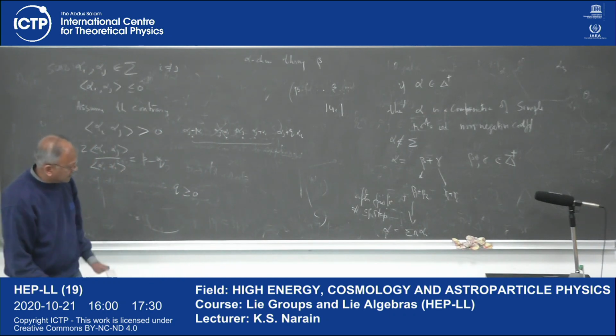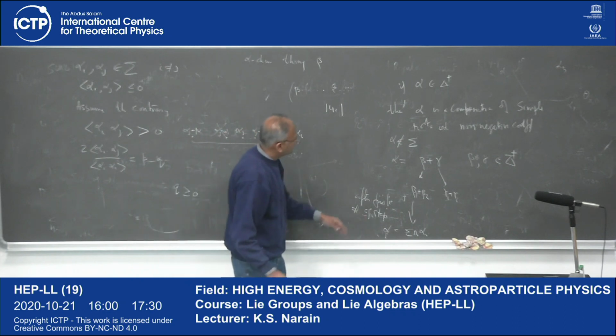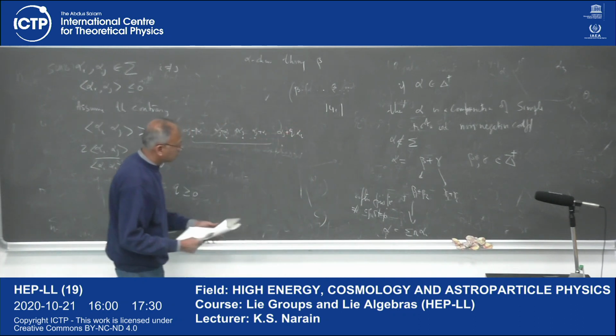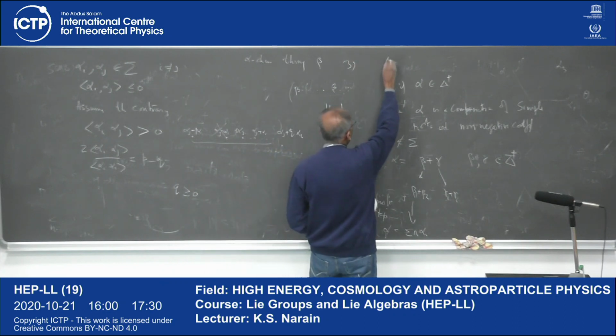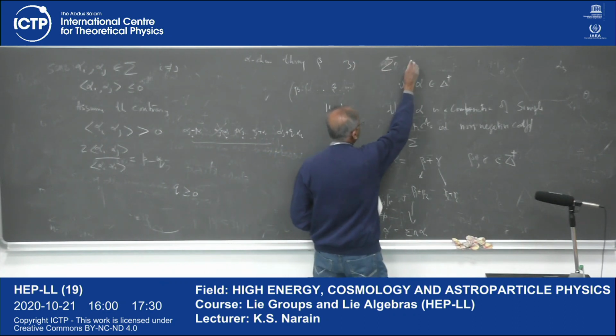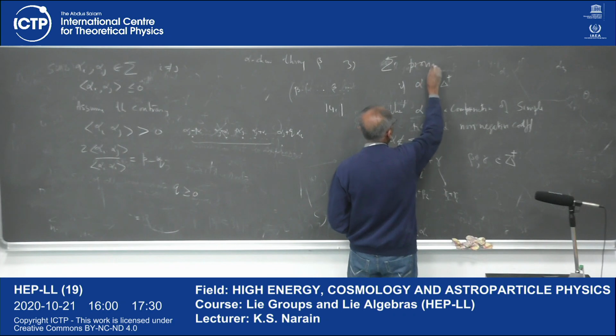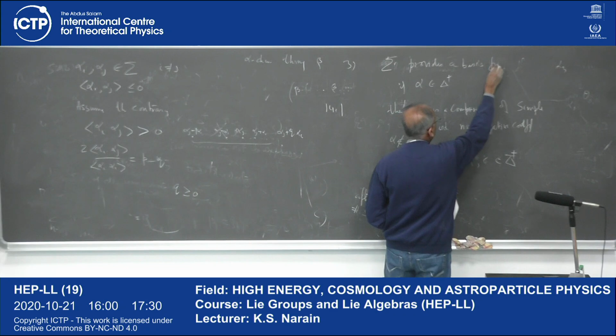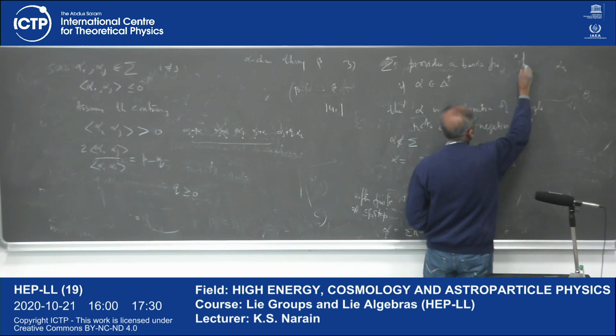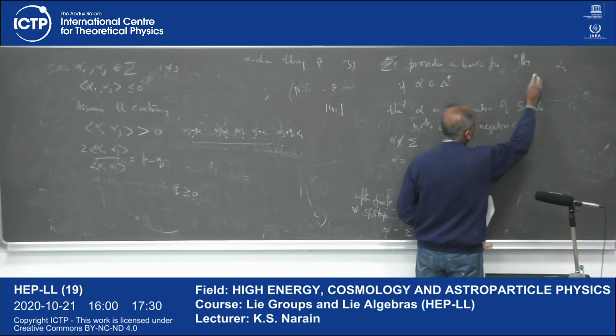Once you accept this 4, then 3 is automatic. The 3 was that this alpha I, the sigma, provides a basis for H star as a vector space.